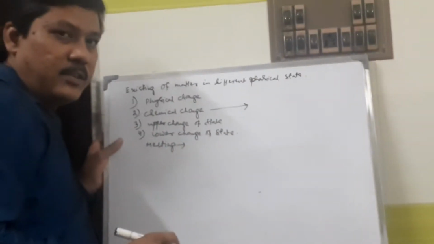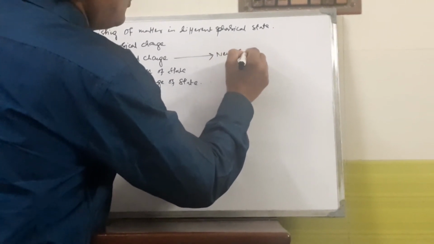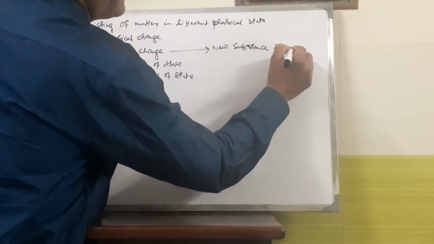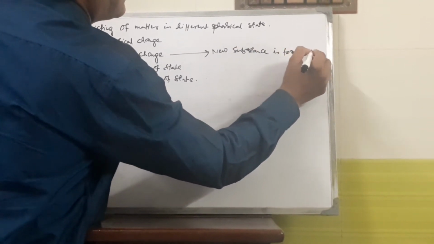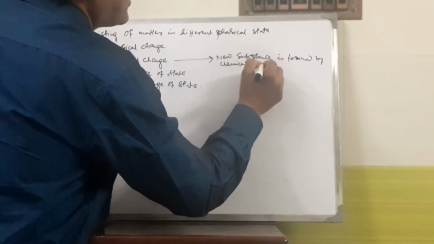Chemical change is the change in which a new substance is formed by chemical reaction.